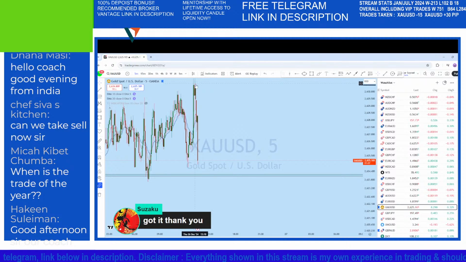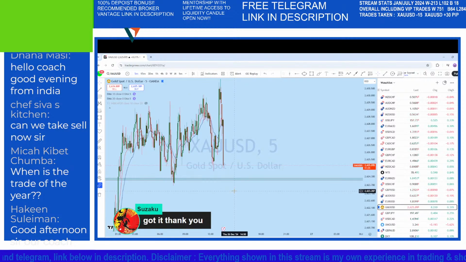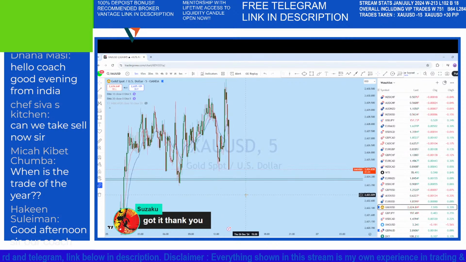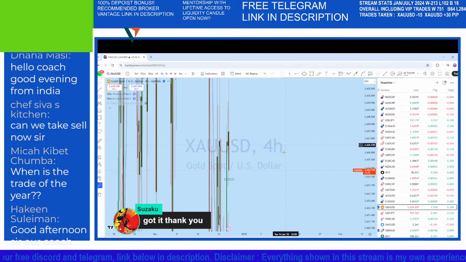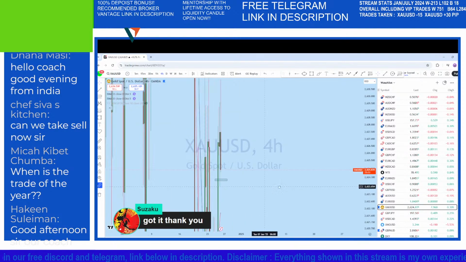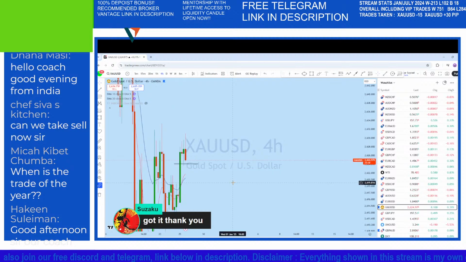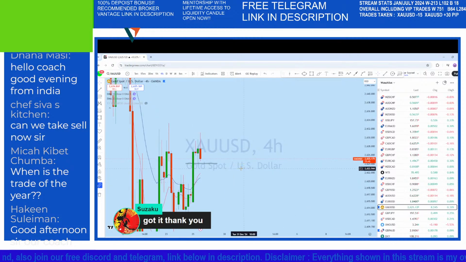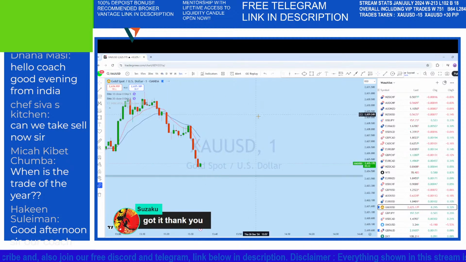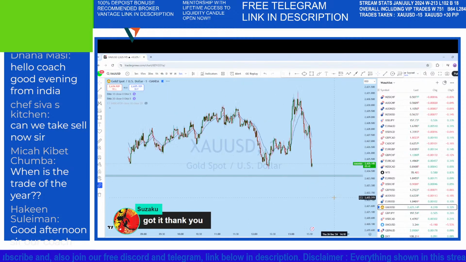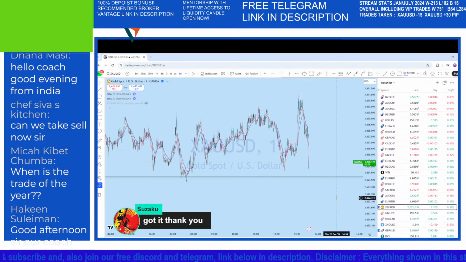So you can see this drop here to the support level, and with that drop, from the 4-hour perspective, to look at if the market is coming here for another liquidity grab, or it just has come back down here to the support level.